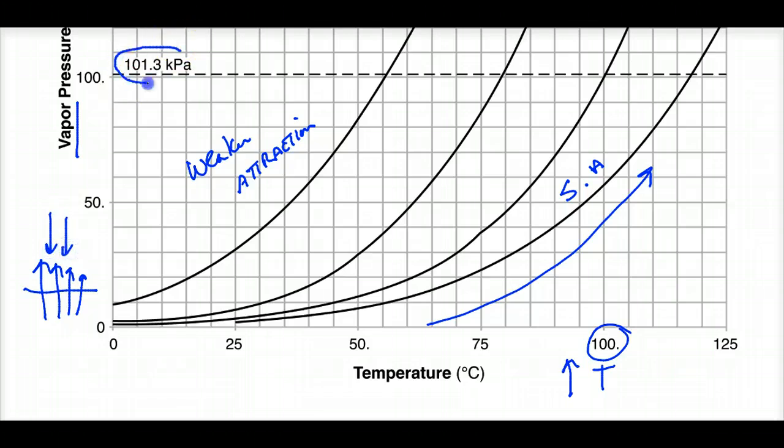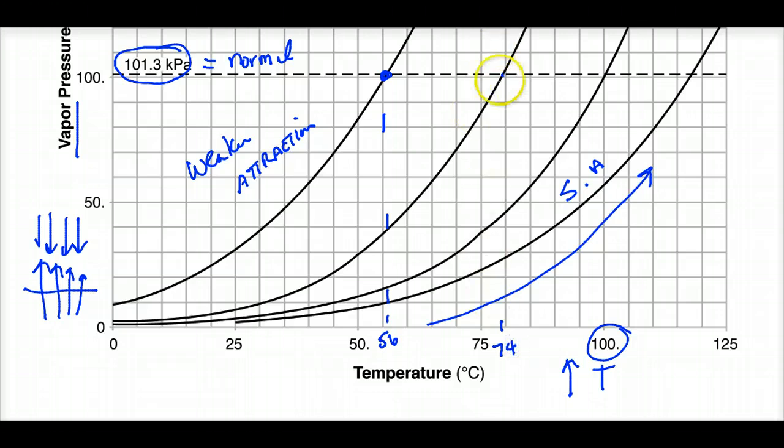So if your atmospheric pressure is standard, when we use the word normal to talk about boiling points on standard conditions, we know when the vapor pressure upward hits this dotted line, it has reached standard pressure, and I can go find that temperature. For this acetone, it's 56.